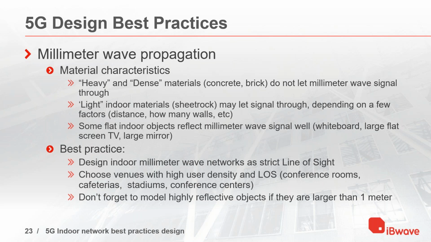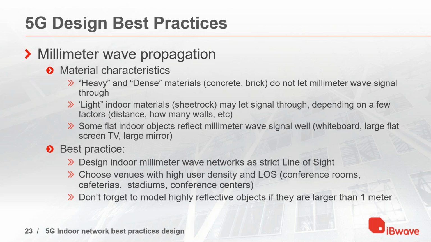as for millimeter wave propagation, we have seen that there are 2 types of materials. There are heavy and dense materials such as concrete and brick, and they will not let the millimeter wave signal through.